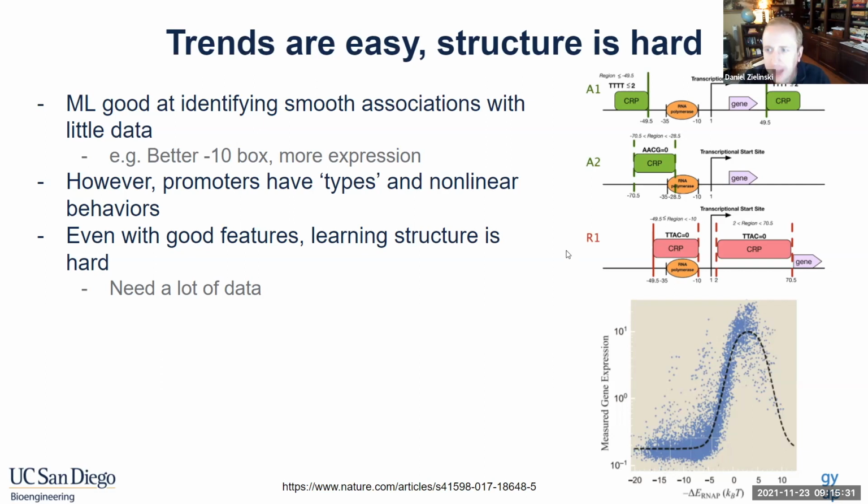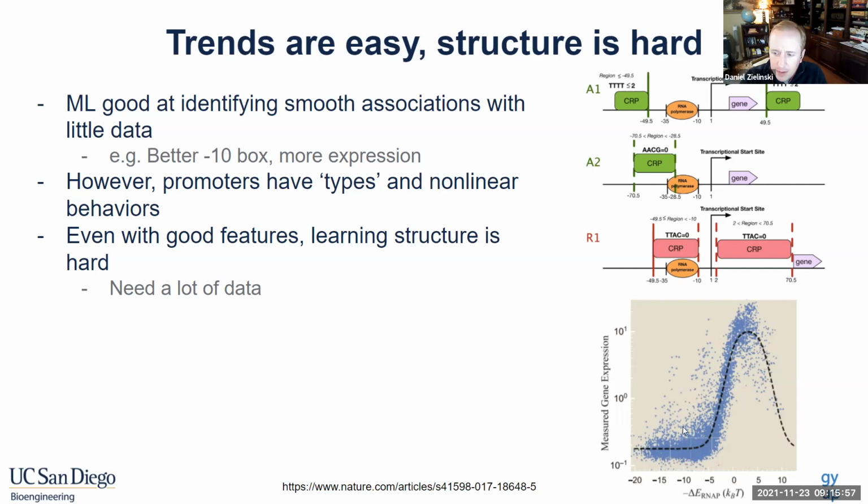And that's a factor of all these things we've been talking about, how good the -10 and -35 box motifs are. So a lower energy is going to be more binding. But what's interesting about this is that this is the negative of it, so this is high, better binding over here on the right.